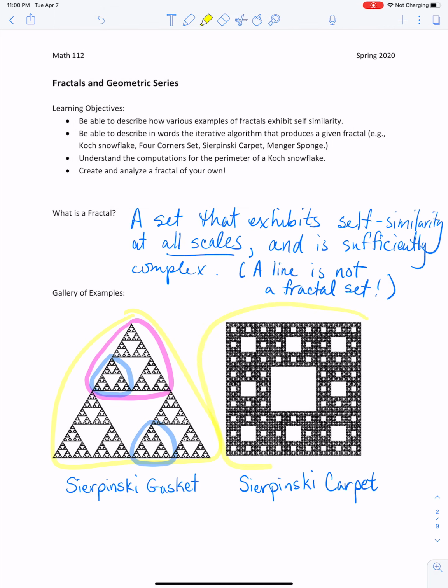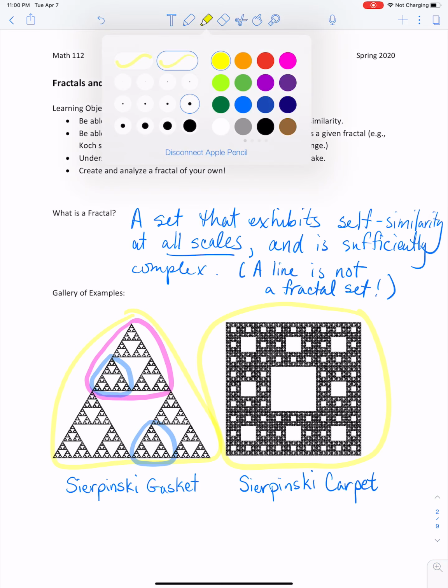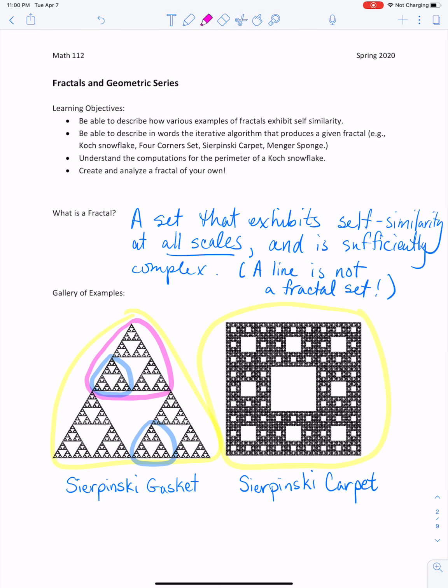I have the outer square, and if I zoom in on any one of these, you can see that there are 8 squares around the outside edge here, and any one of those, if I zoom in on it, will look similar to the original square.